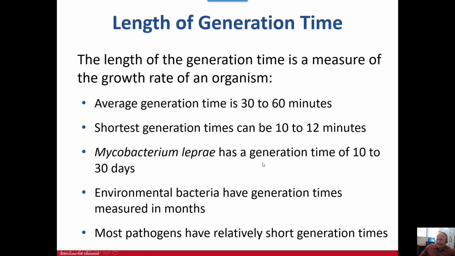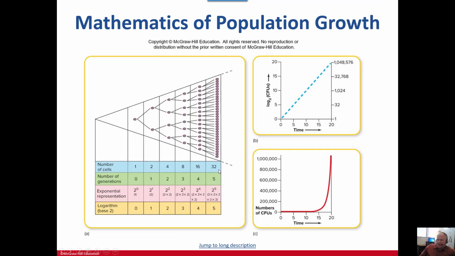Mycobacterium leprae has a generation time of 10 to 30 days. So it tends to take its time a little bit there, as you can see. However long that period of time takes, we call that the generation time. Most pathogens have relatively short generation times. If you think about it, they've got to do what they do, get it over with, and get it out.